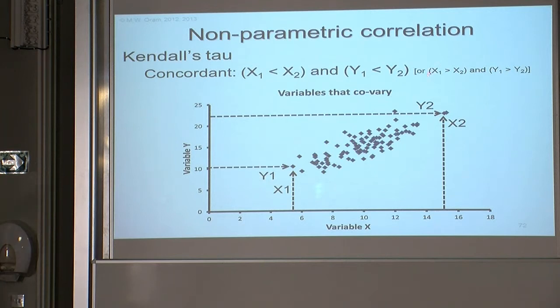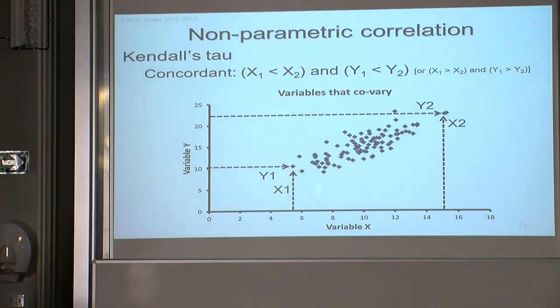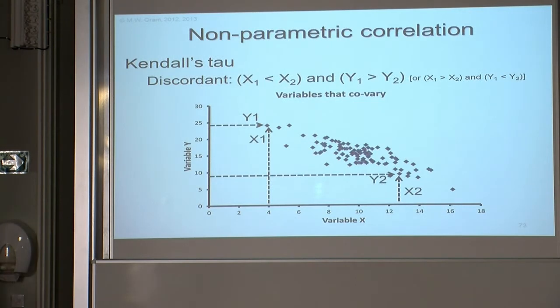Or you can reverse the ones and twos around. So you're just looking at every pair of data points. Is it concordant or discordant? Those are the discordant ones, where now you've got a change of sign, is how I think of it. If x1 is less than x2, and y1 is bigger than y2, so it's higher, then it's a discordant pair.